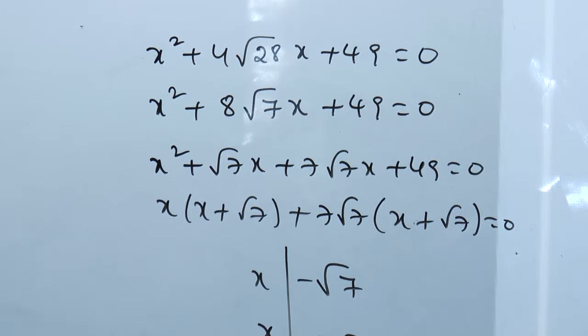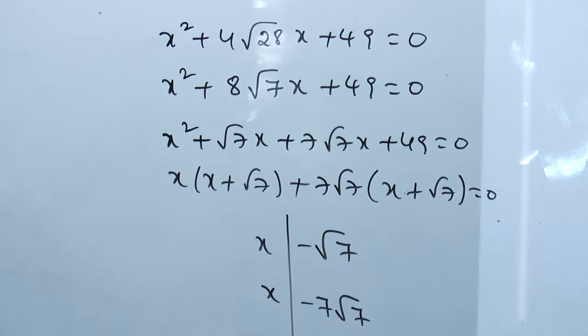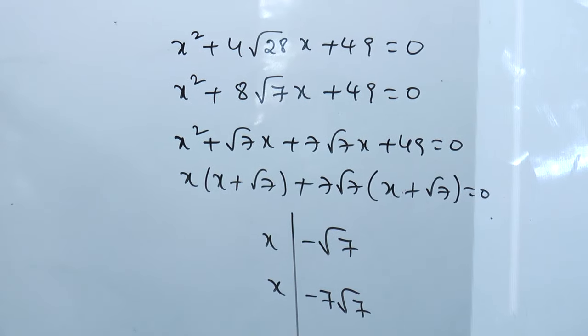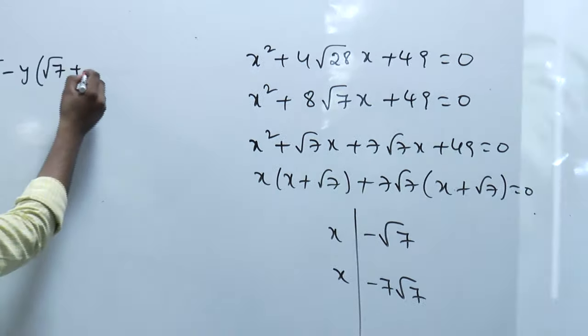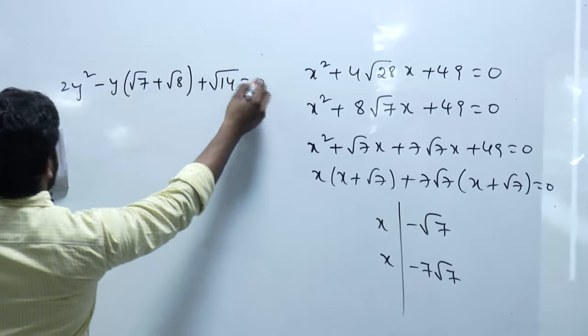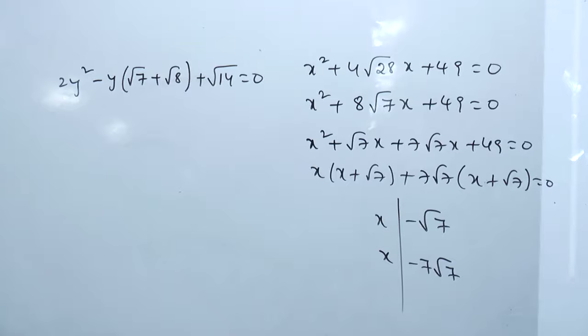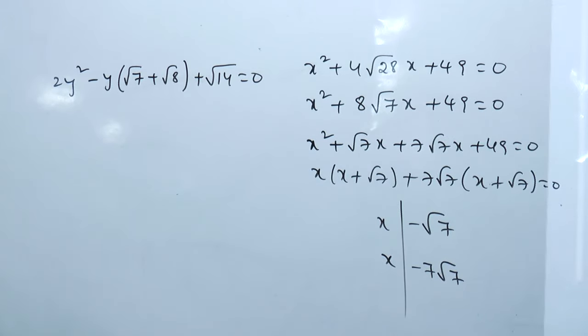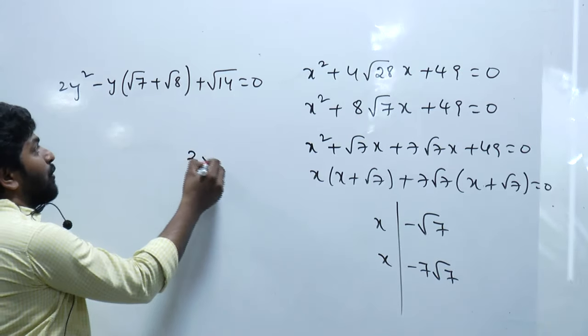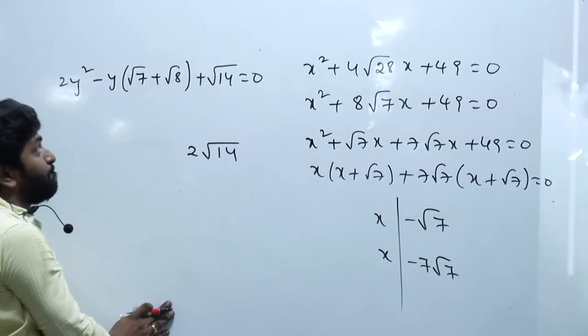Now when you come to y value, 2y square minus y into root 7 plus root 8 plus root 14 is equal to 0. So product should be equal to 2 root 14.